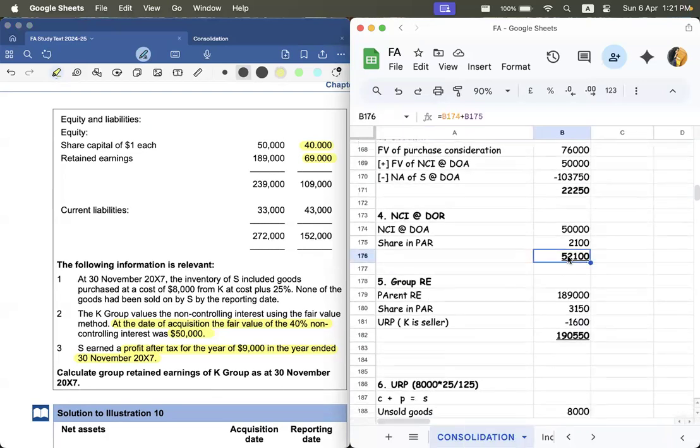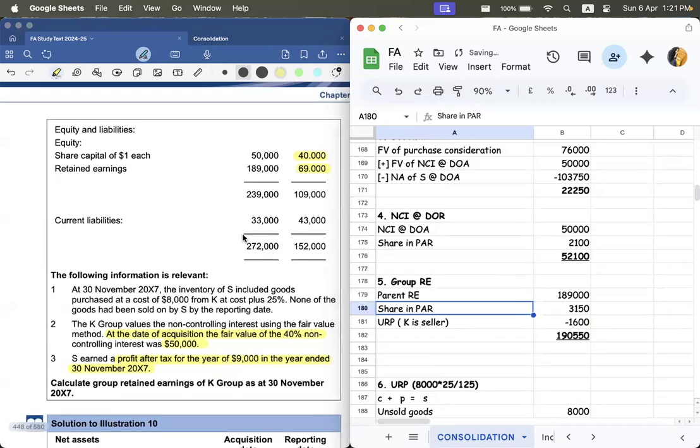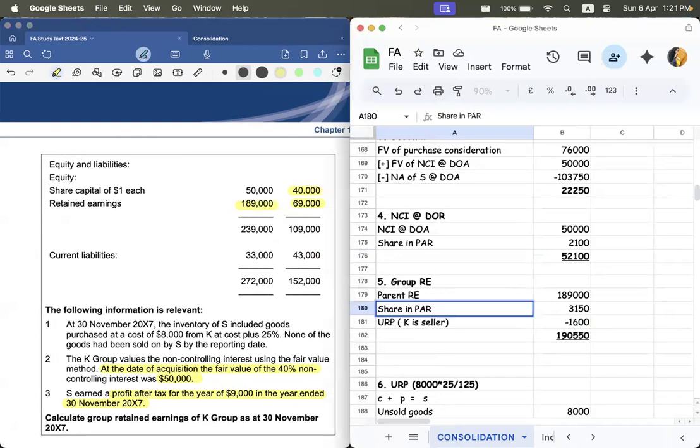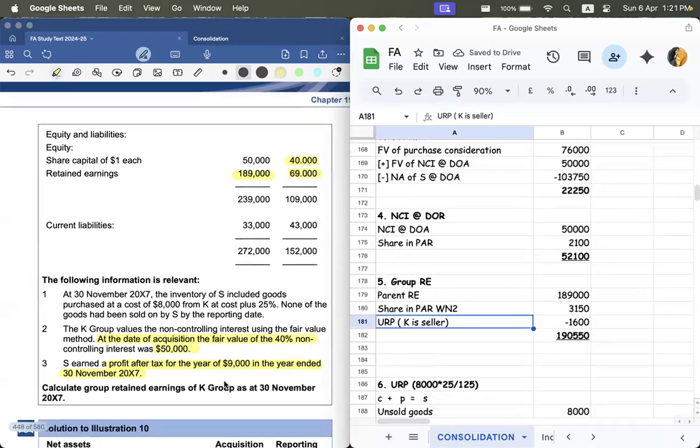Now, the fifth working is group retained earnings. You take the parent retained earnings from the question, that is 189,000, and add working note 2. And then the twist is there.